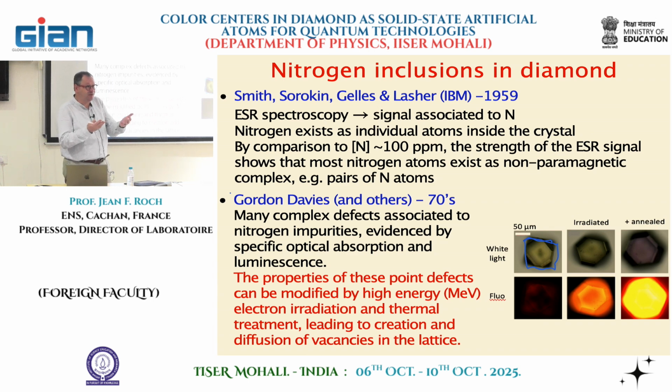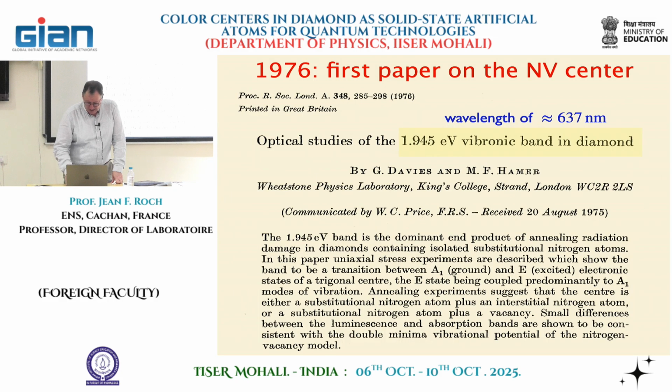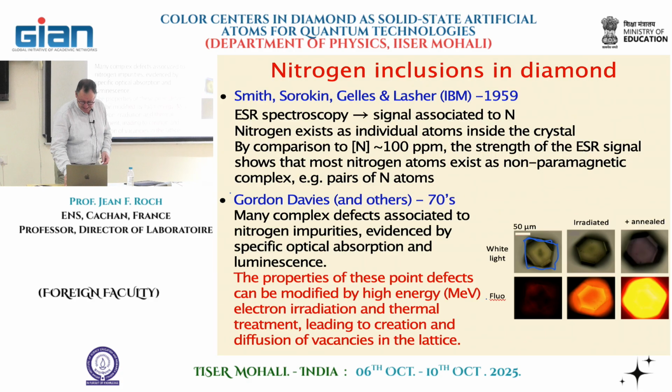And that will be, again, the kind of recipe that we're going to use to engineer the NV centers in the material. But if I come back to the 70s, it was not very clear what the reason for that system was.